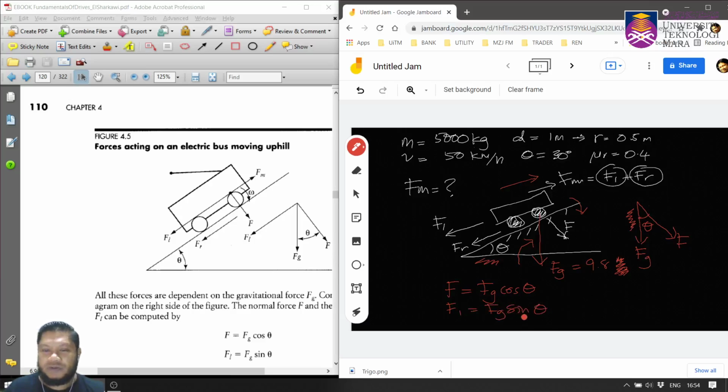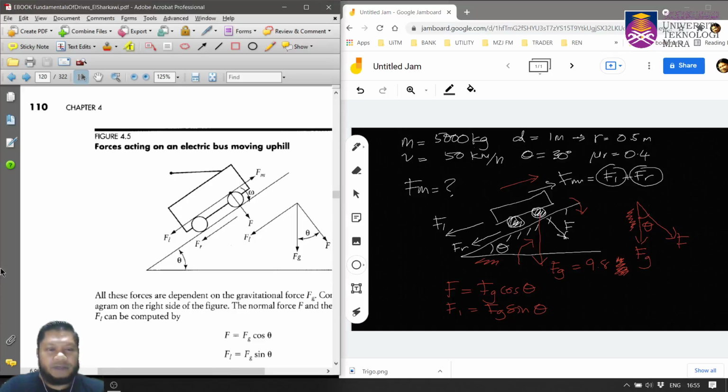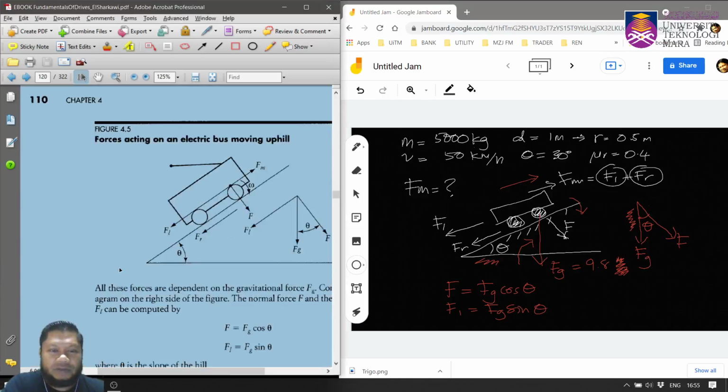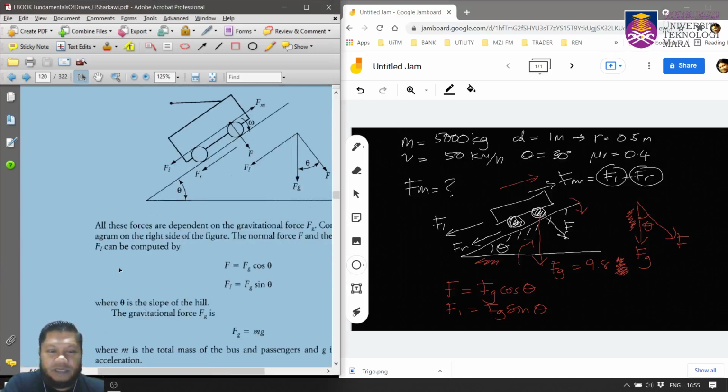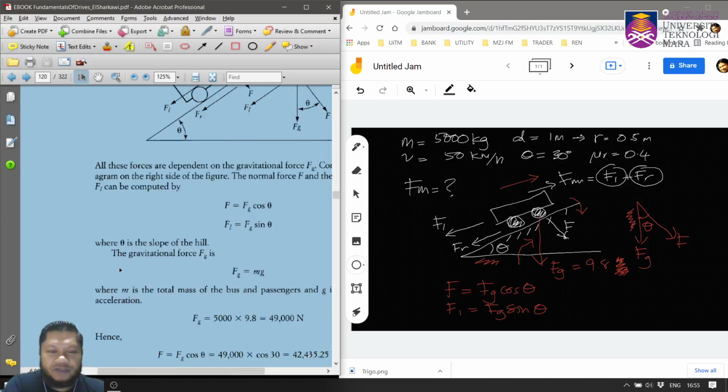So if we already know theta and we also know Fg, then you can find the value of F. Further, we have Fg equals mg.